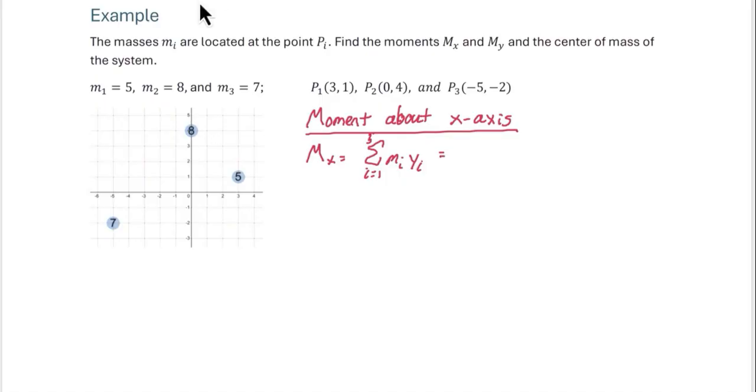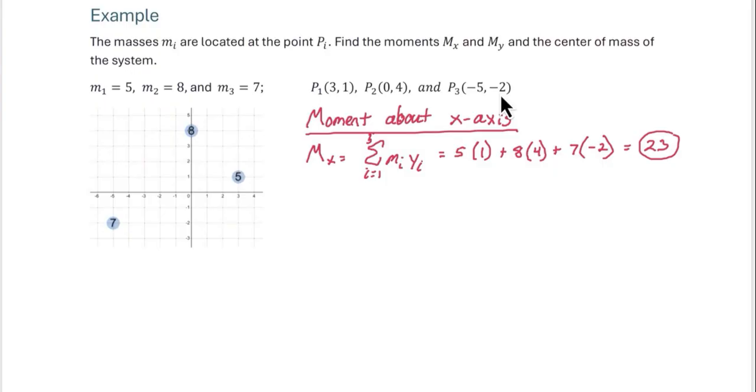The first mass we have is 5, and we're going to multiply by 1, plus the second mass, 8, times 4, plus the third mass, 7, times -2. Here we get the moment about the x-axis is 23.